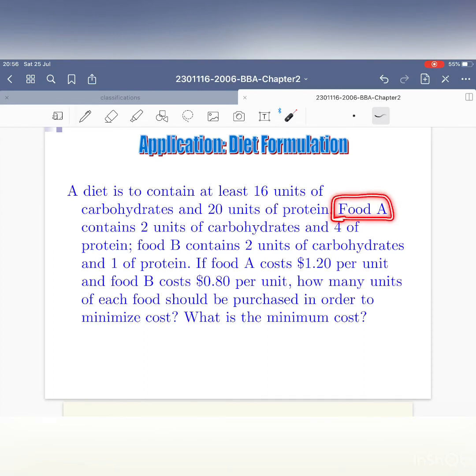The first type of food, food A, contains 2 units of carbohydrate and 4 units of protein. The second type of food contains 2 units of carbohydrate and 1 unit of protein. If food A costs $1.20 per unit, and the second food B costs only 80 cents per unit, then this is the question: how many units of each food should be purchased in order to minimize the cost? And what is your minimum cost?